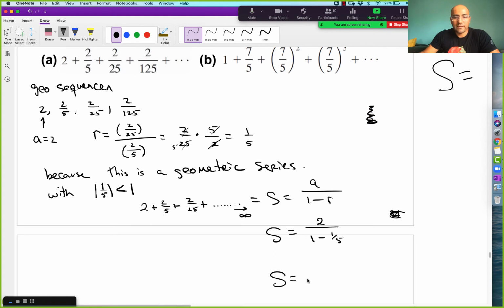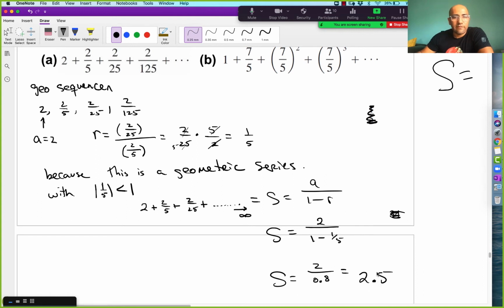So S is equal to 2 divided by 0.8. 2 divided by 0.8, I get 2.5. Good. So the sum of all of these values forever, they're going to add up to 2.5.